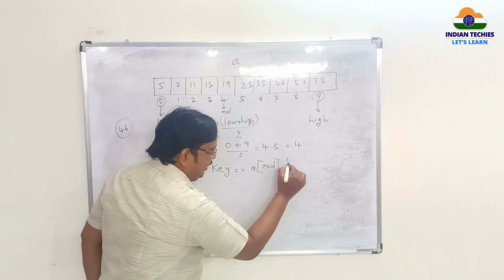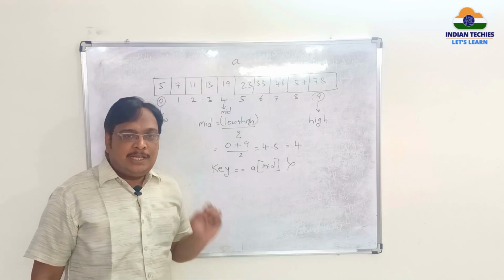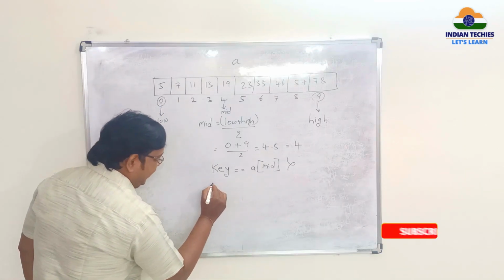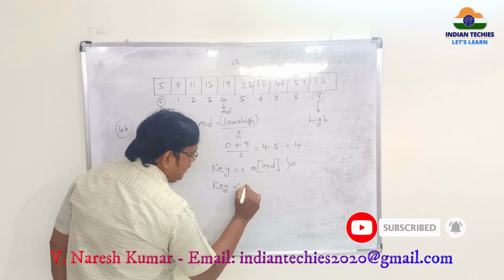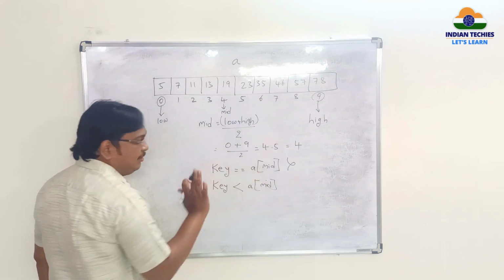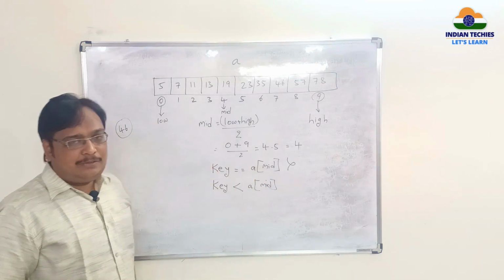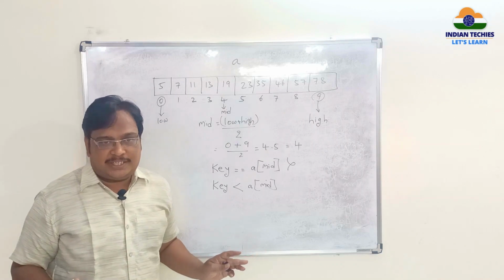No, this condition is false. Once this condition is false, the next condition to check is whether the key is less than A of mid. If it is equal to the mid position, then obviously the value is found, and you will stop your searching.